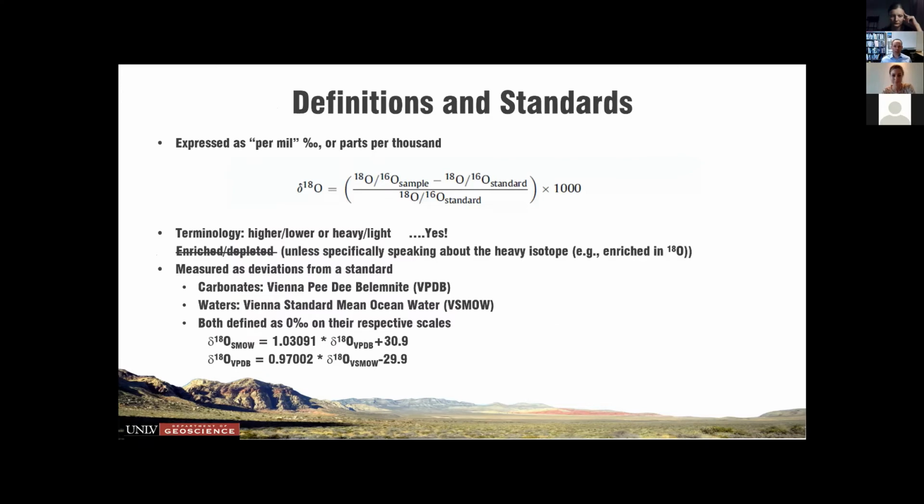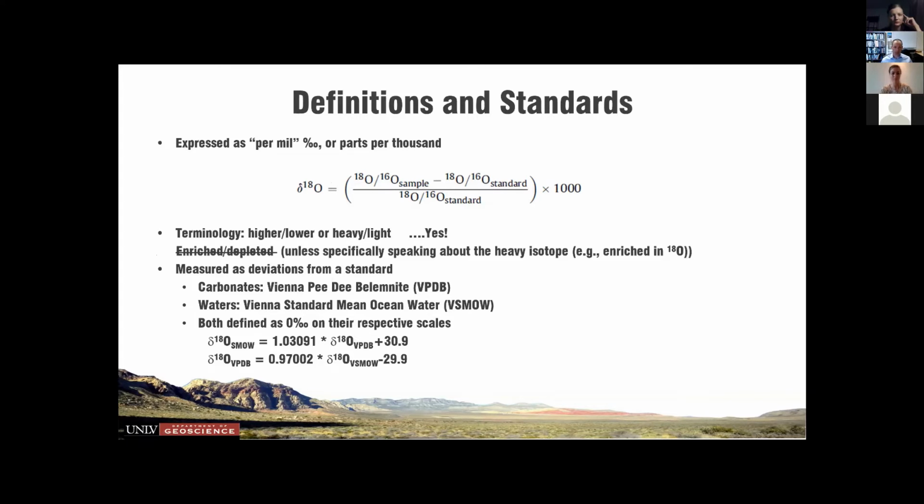Okay, first, let's just get into some definitions and standards. When we talk about oxygen isotopes, or any stable isotopes for that matter, we're expressing them as per mil, or essentially parts per thousand. And usually we're talking about variations relative to some sort of standard. So delta 18O, the example of oxygen isotopes, is you measure the 18O to 16O value in your sample relative to some sort of standard, which is usually an international standard.